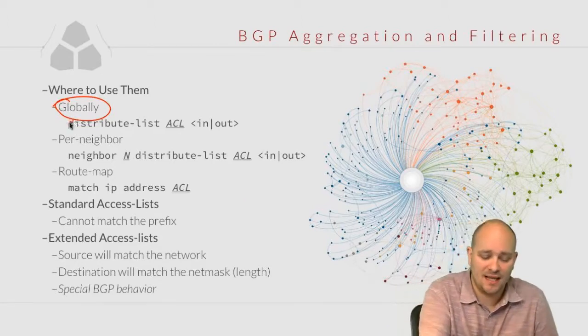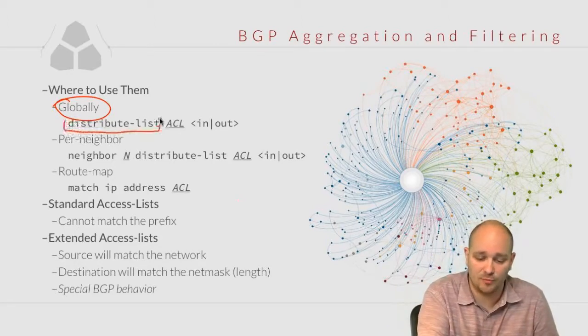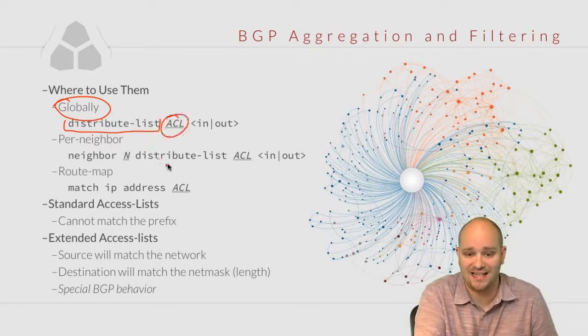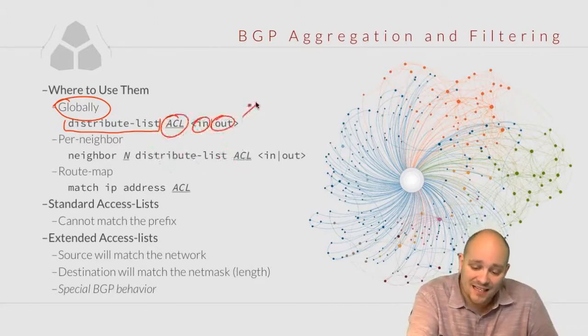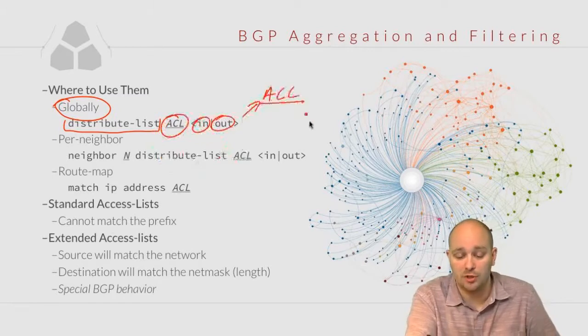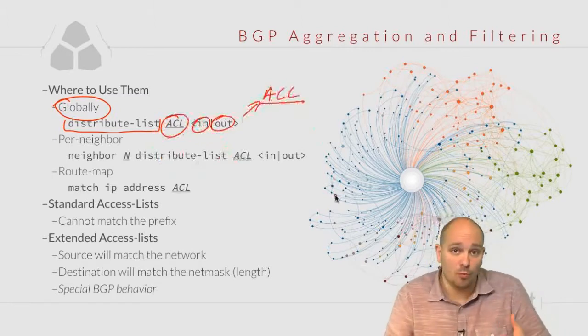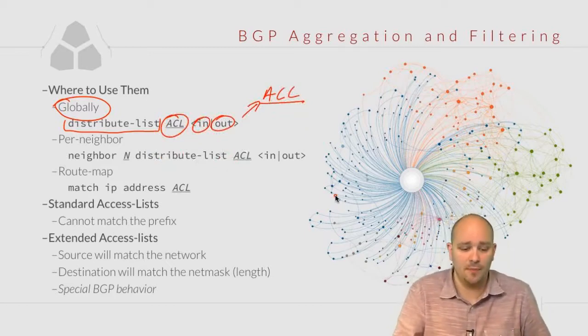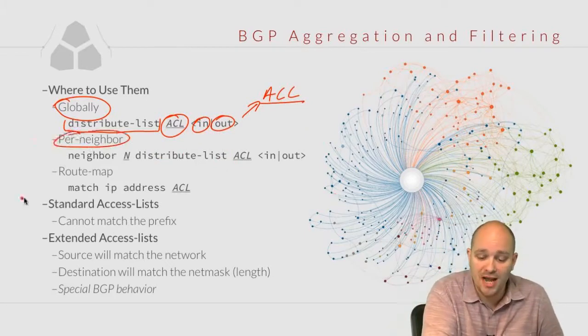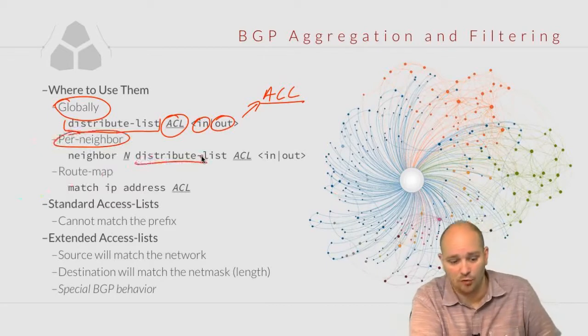If you are using that, you can reference the access list from the distribute list, you specify the access list, and whether you want to filter the routes in or out. And this will apply to all neighbors except for those neighbors that have more specific filtering configured. And by more specific filtering I mean unless they had per neighbor distribute list configured.